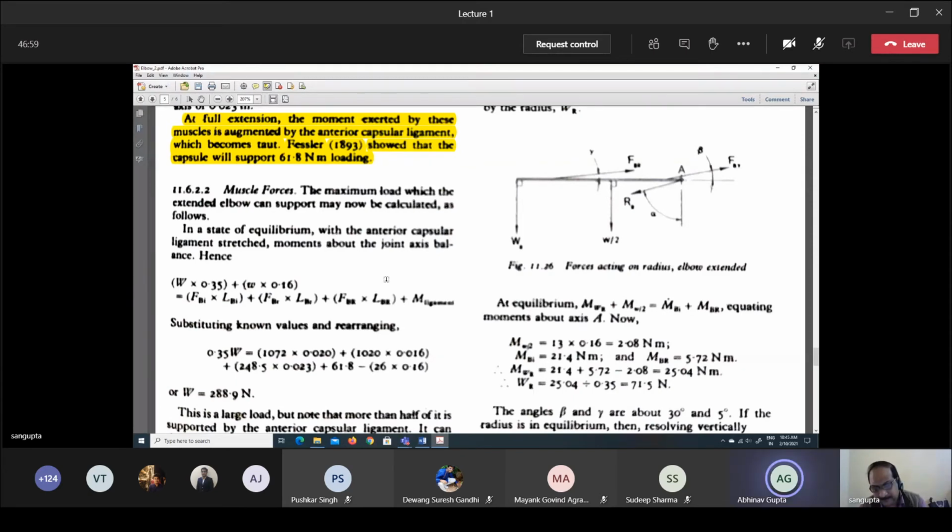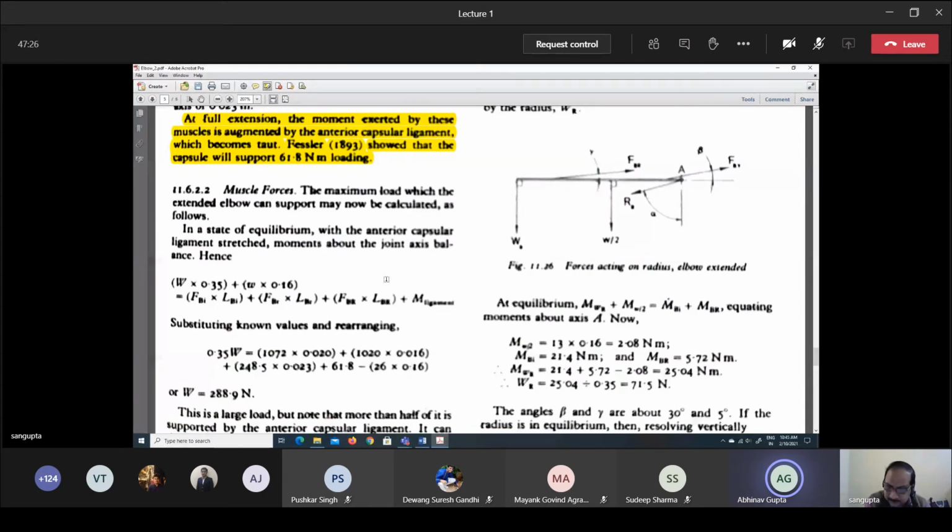Sir, I have just one doubt. This anterior capsular ligament is located near the humeroradial and humeroulnar joint in our musculoskeletal system. But the interosseous ligament that we considered in flexion of the arm was located 8 centimeters from the joint and was acting between the radial and ulnar bone.